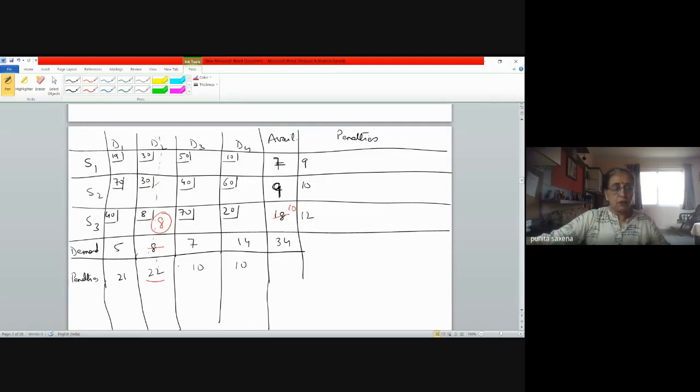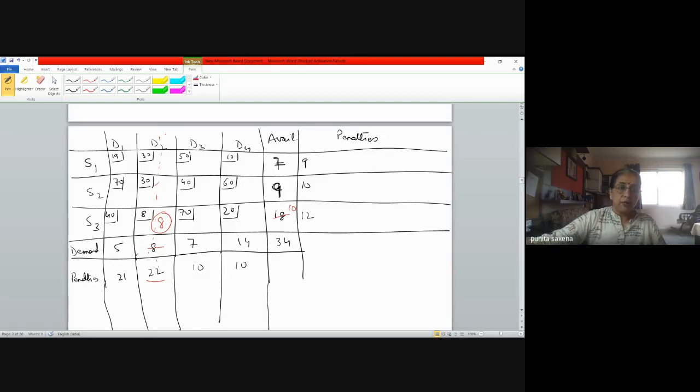So what have we done? We adjust the supply and demand and we strike off the satisfied row or column, and any row or column with zero supply or demand should not be used in computing future penalties.